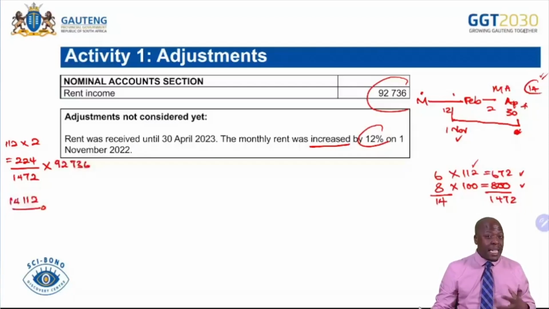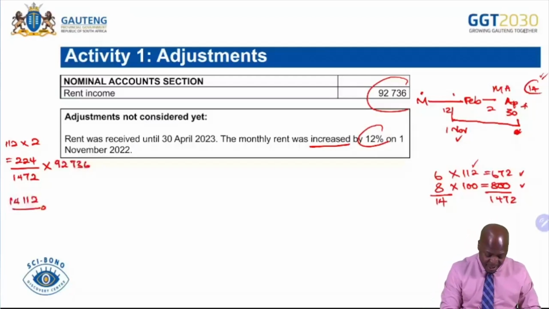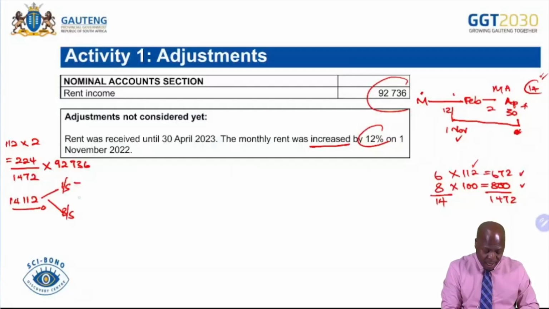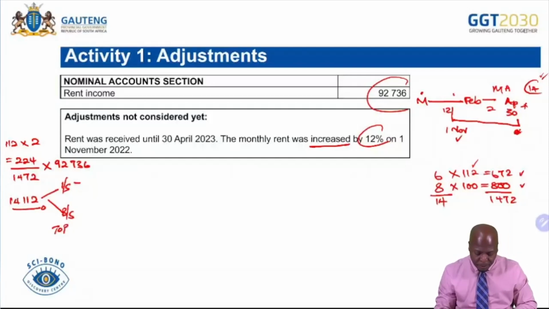And once we have income received in advance, it must be adjusted in 2 places. That is, namely, your income statement and your balance sheet. In your income statement, this is income received in advance, so we subtract it. In a balance sheet, it goes to trade and other payables. All right, let's see.